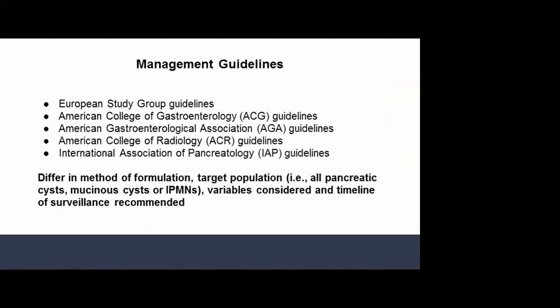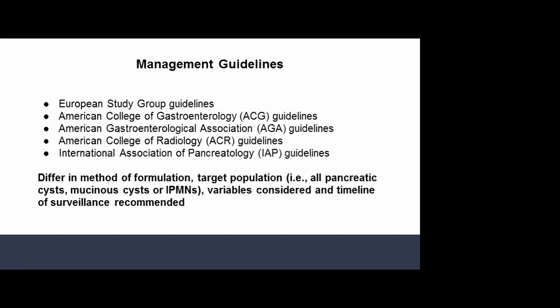Coming to the management, the main or important treatment of the IPMN lies in recognizing those individuals who are at high risk of turning into invasive type or who are having a synchronous invasive component. So there are certain guidelines that are proposed by various societies to identify these individuals and also to plan accordingly the treatment protocol or the surveillance protocol.